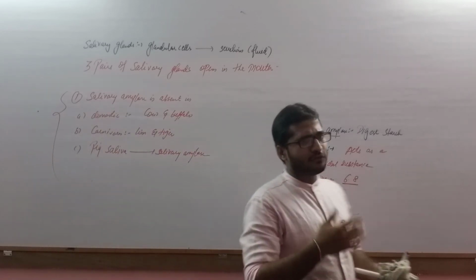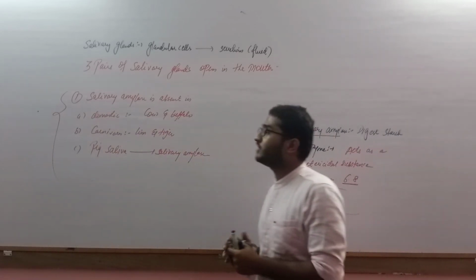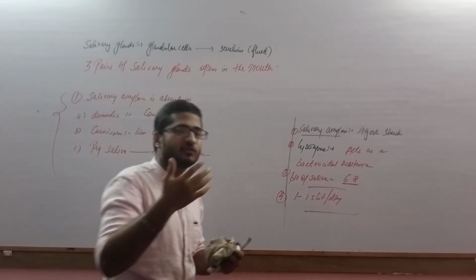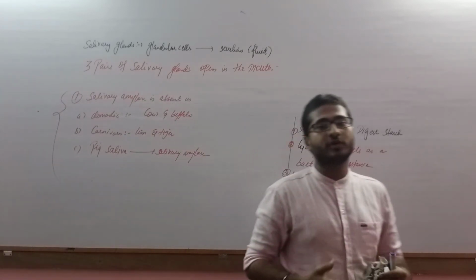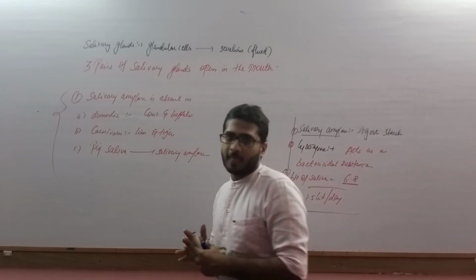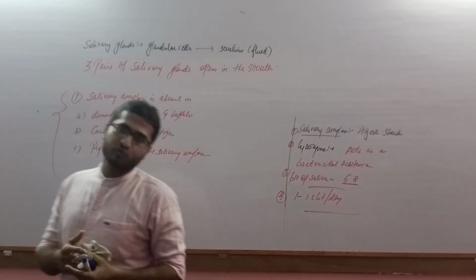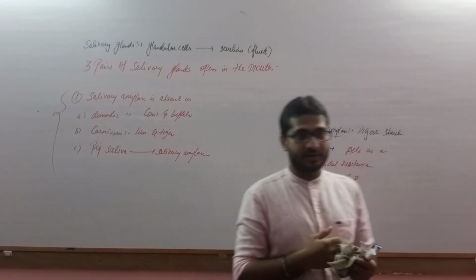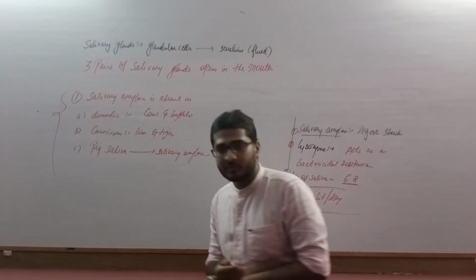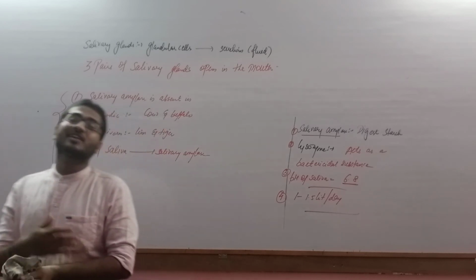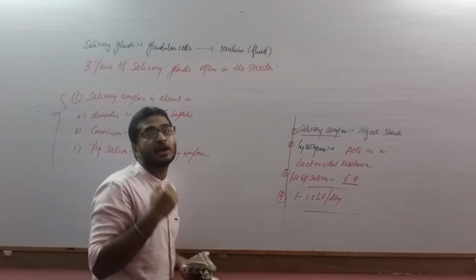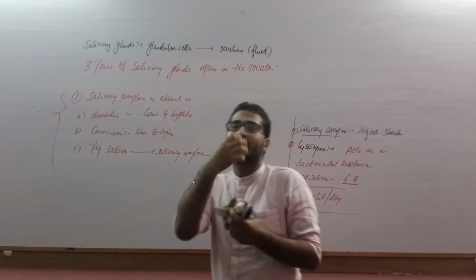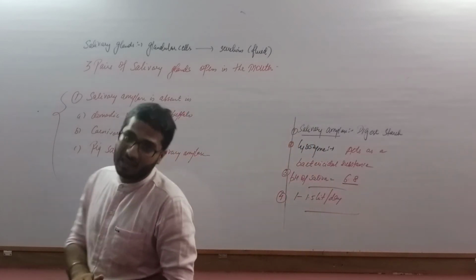Now, a few more things regarding the salivary glands. Whenever we see any food, talk about the food, or smell it, the first thing we observe is that our mouth starts watering. The mouth is full of water. Now where does this water come from? It is a kind of anticipation that the food will enter our mouth or buccal cavity.